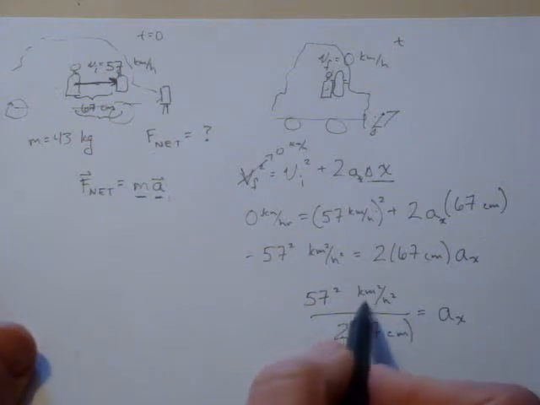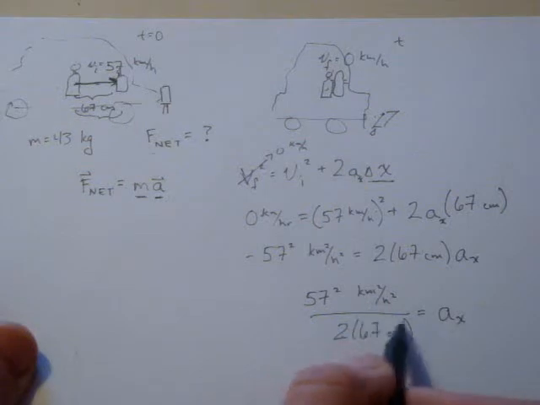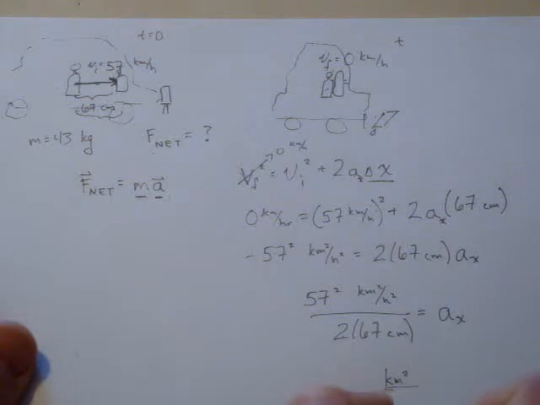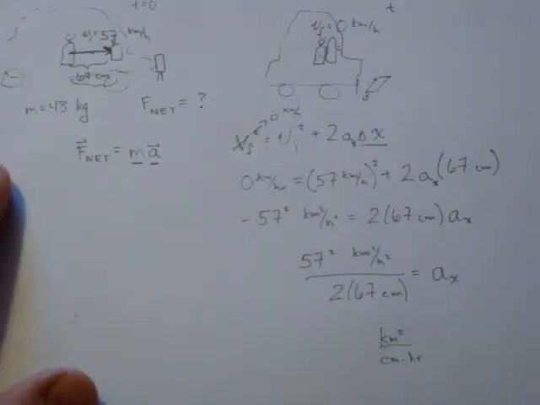But we can tell, because we left the units in, that that answer would be pretty nonsensical, because here we have kilometers squared and we have hours over hours squared, and then we're dividing by centimeters. And so our acceleration would be in units of kilometers squared per centimeter per hour, right? That's not a unit that we're familiar with. There are no units that we deal with that look exactly that way. We need to have them in SI units.